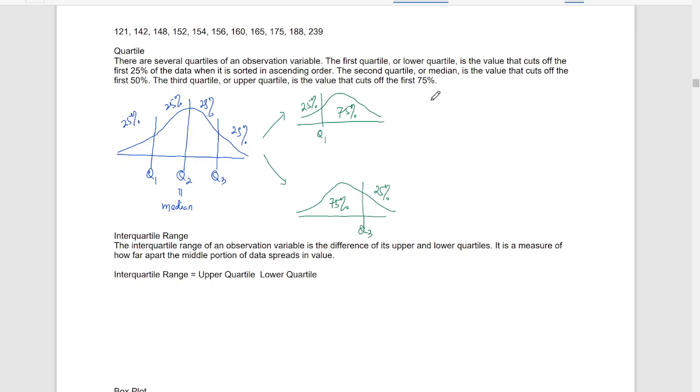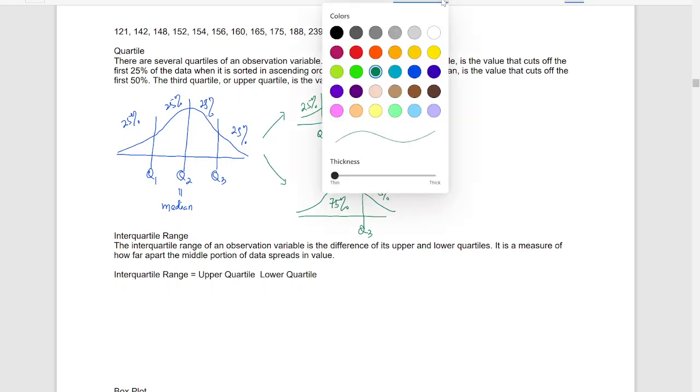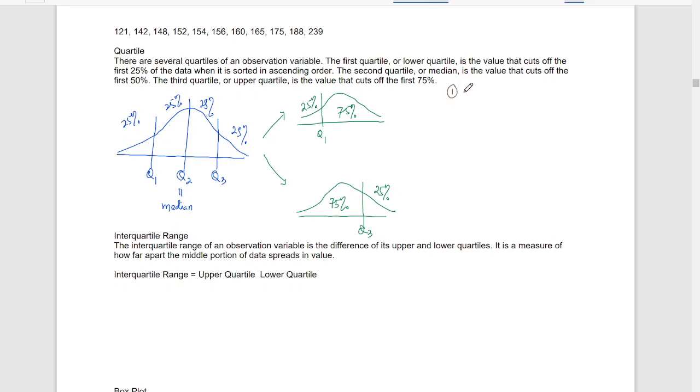So macam biasa, the first step that you need to do in order to calculate the quartile is to arrange the data, or order the data. So this one is already arranged, right? From the lowest to the highest.